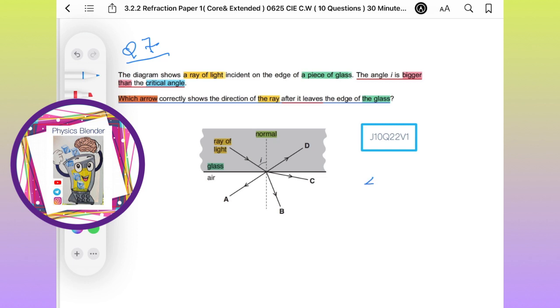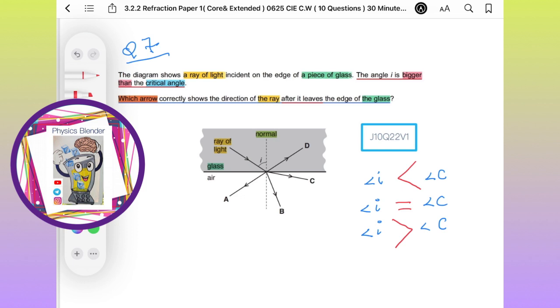If angle of incidence, and here we have the critical angle, we have 3 cases. The angle of incidence could be less than critical angle, or equal to the critical angle, or greater than critical angle. What happens in each case?